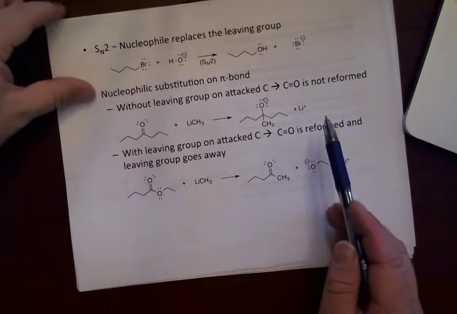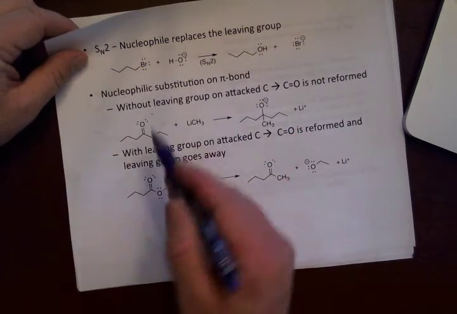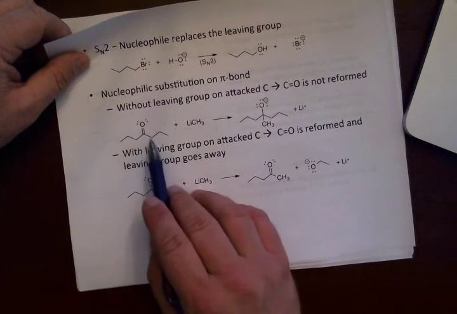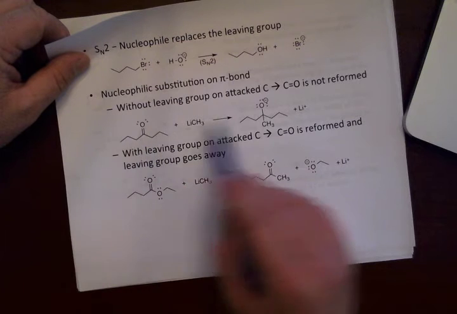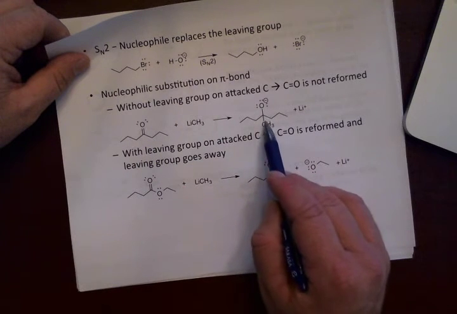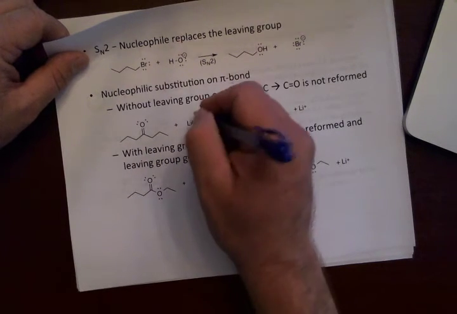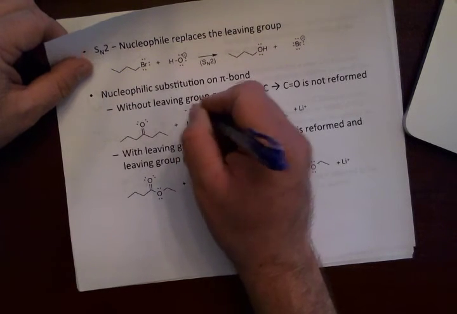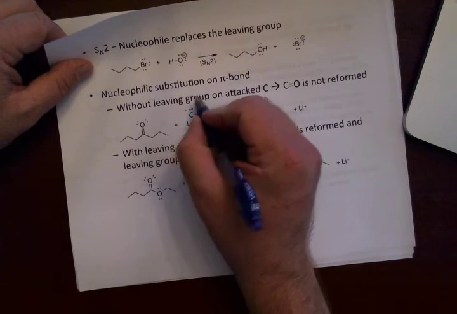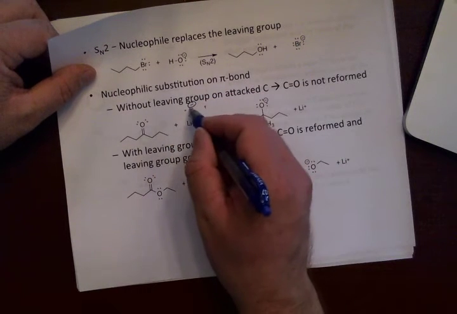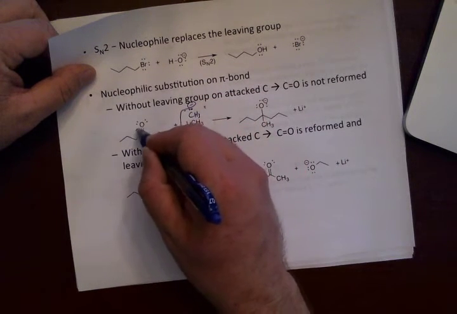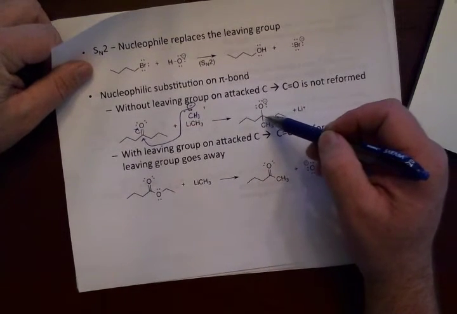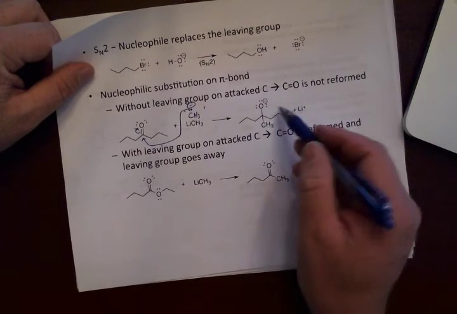Now, for nucleophilic substitution on a pi bond, this is typically going to be a C double bond O. If you don't have a good leaving group, if you only have carbon-carbon bonds that are formed, then wherever that metal is, that's going to be a lone pair that's going to attack there and push that up. This thing can't collapse down without breaking a carbon-carbon bond, so it's not going to happen.